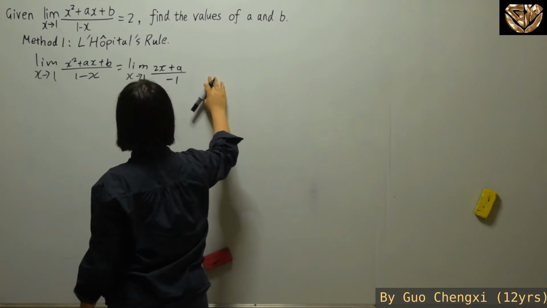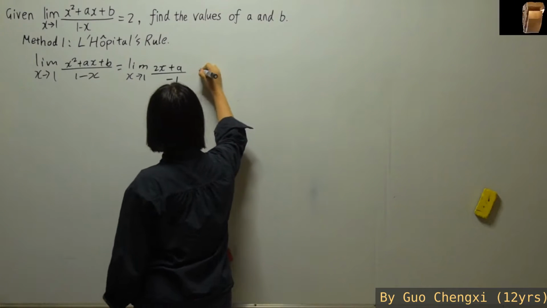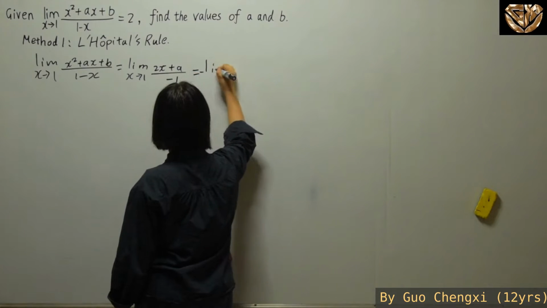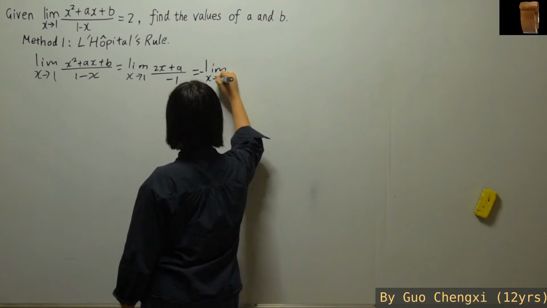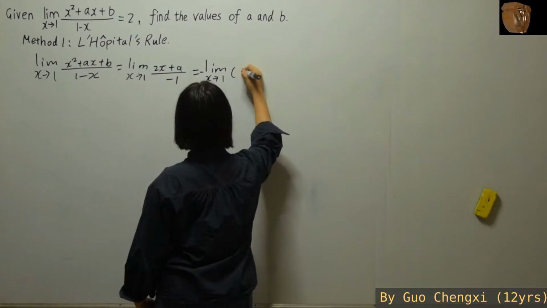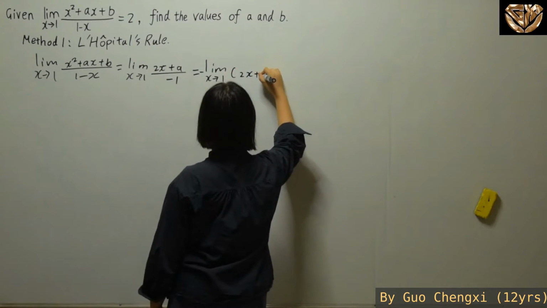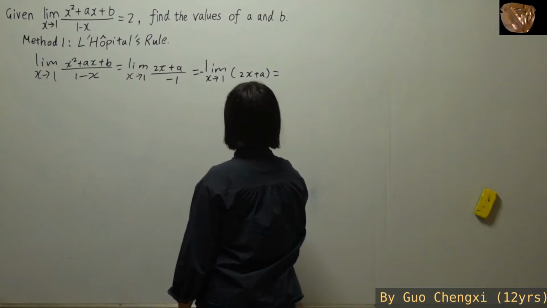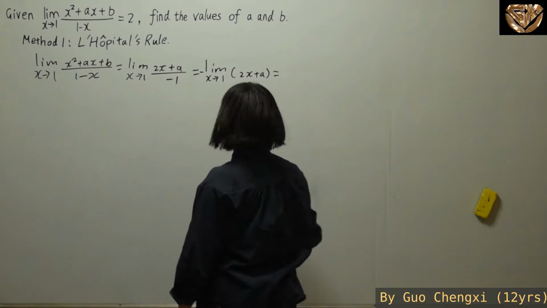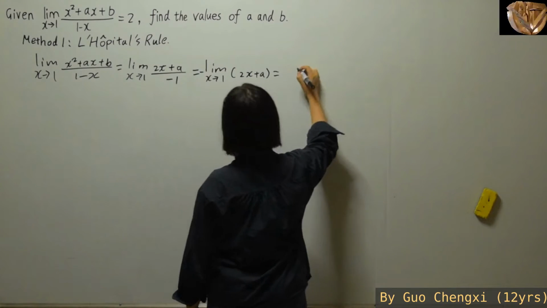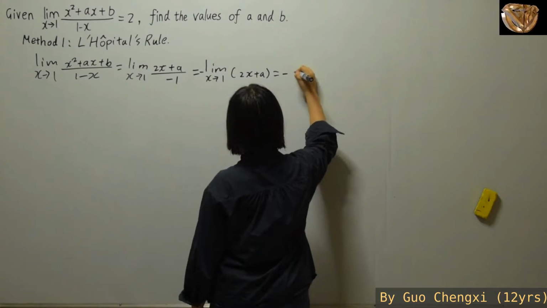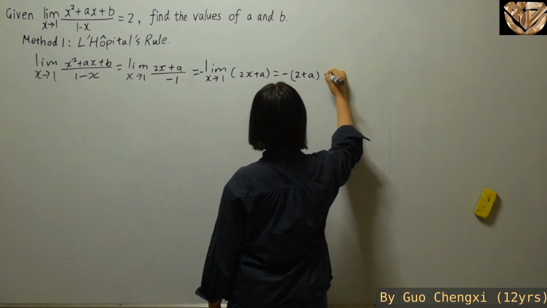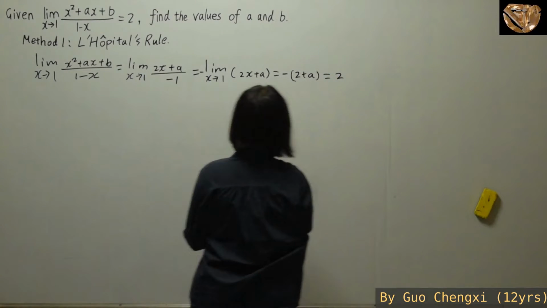So basically (2x plus a) over -1, and if you were to substitute x equals 1 in, this will be equal to 2.